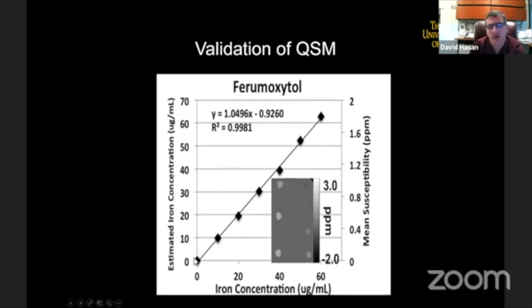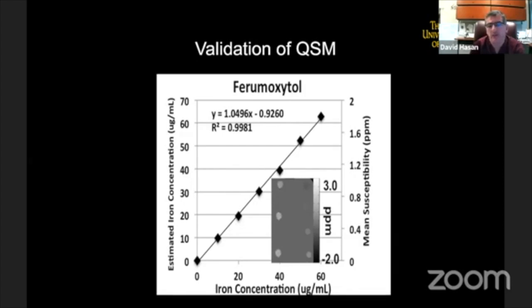You could see here, there's a very linear relationship. So we found that you could depict with 100% accuracy the microbleed at the interface.